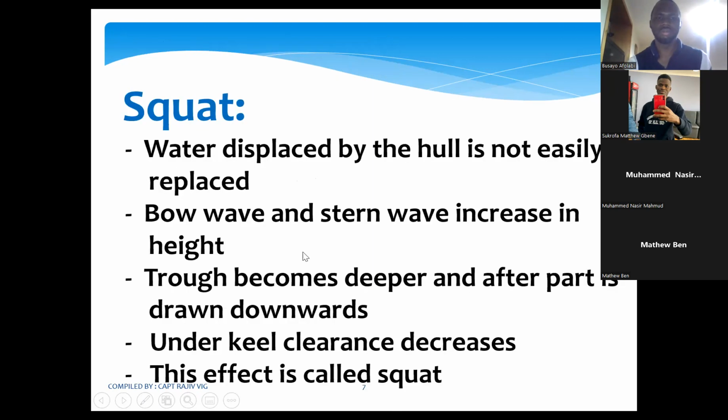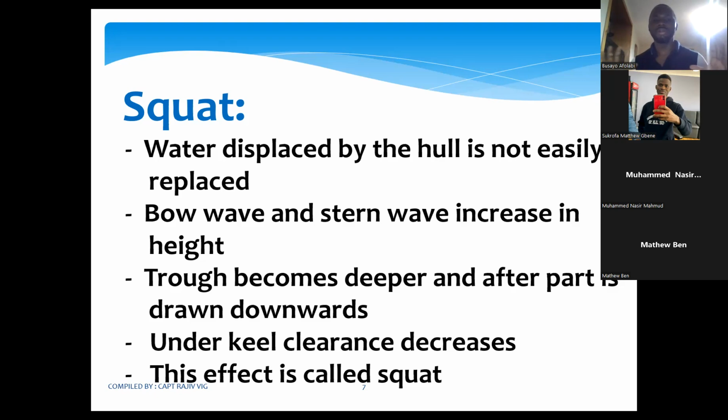Then the bow wave and the stern wave, of course, will increase in height, and the trough becomes deeper, and the aftermath is drawn downwards. The UKC clearance decreases. The UKC decreases, and then the effect. This effect is what we call the squat itself.